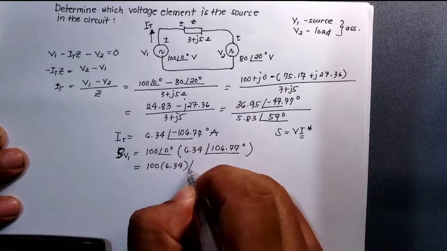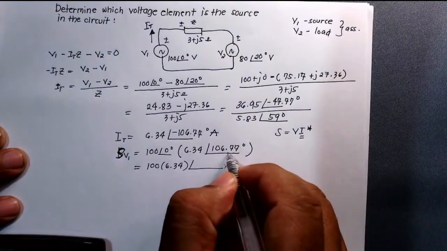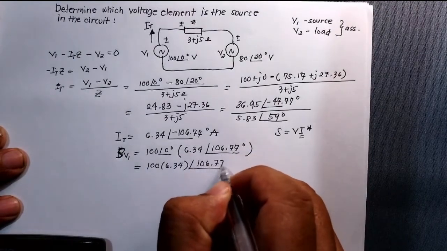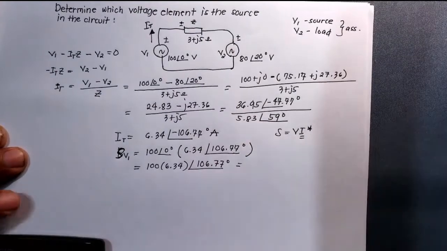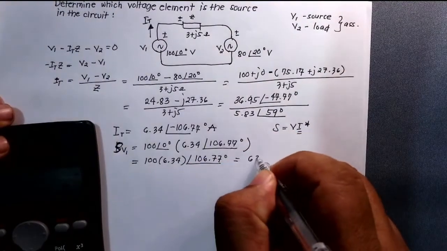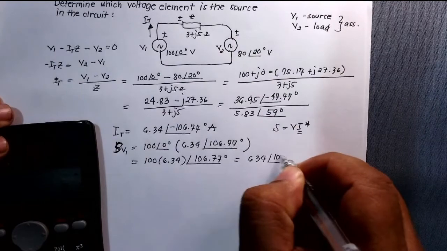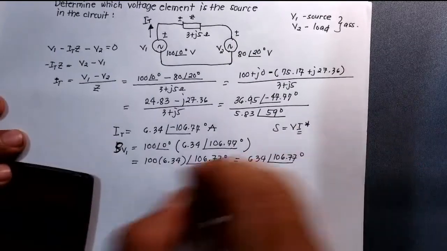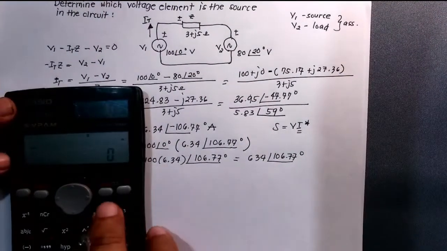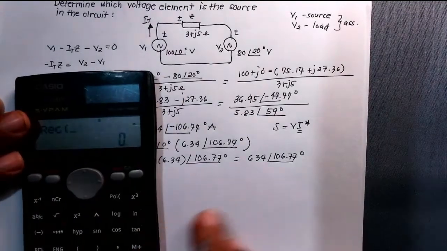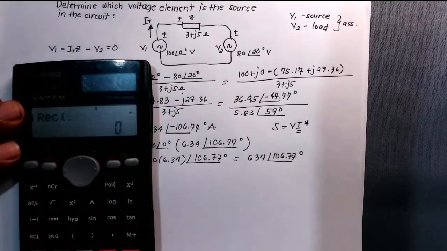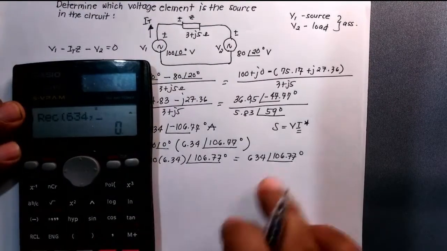If you are going to multiply, you multiply 100 by 6.34 and you add the angles, 106.77 plus 0, so it will give you 106.77 degrees. So this is 634 cis of 106.77 degrees, and you transform this to rectangular.